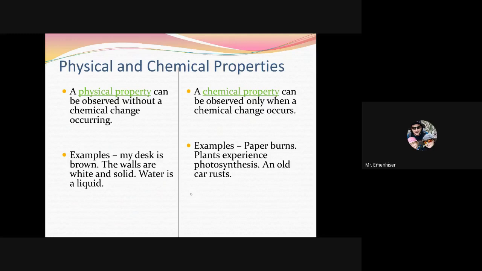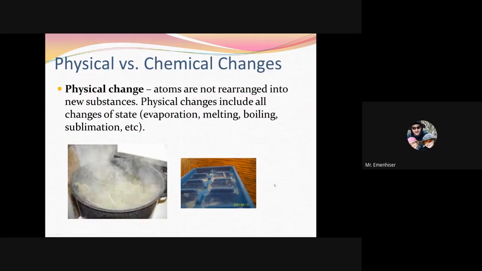And then an old car rusts. Rusting is actually a chemical reaction where a metal is turning into a brown, powdery substance, and it's chemically changing into something else. So if it chemically changes into something else, we call it a chemical property. A physical change is where the atoms are not rearranging into new substances.